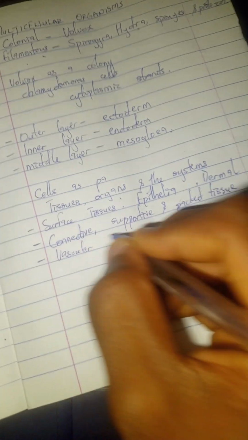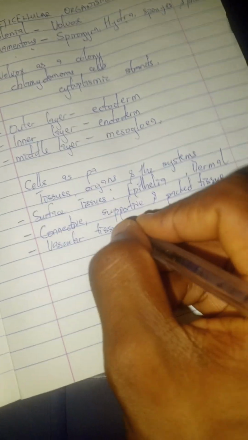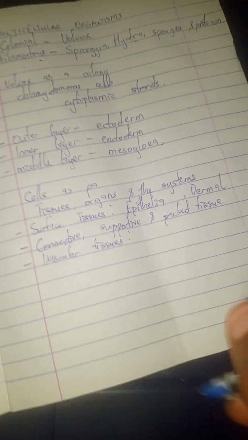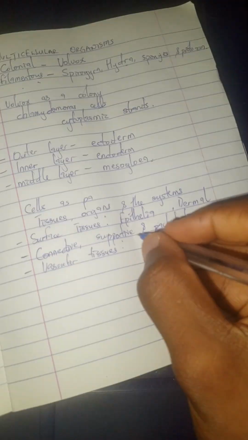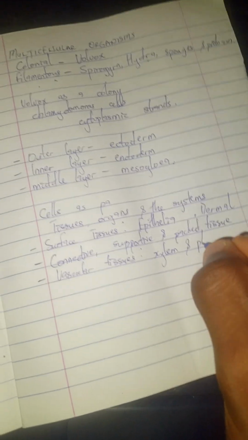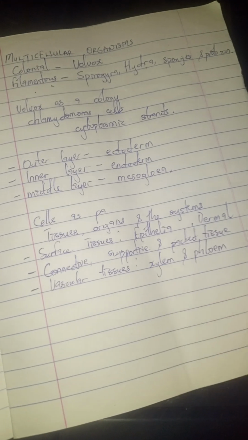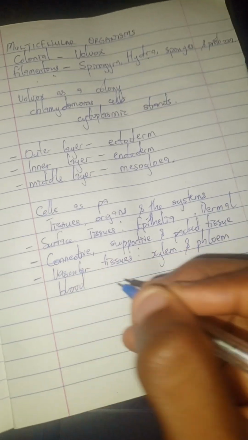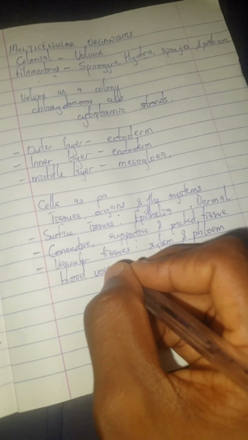The third one is the vascular tissues. These tissues are meant for transportation of materials around the body. Examples, we have the xylem and the phloem in plants, and in animals we have blood or the blood vessels.